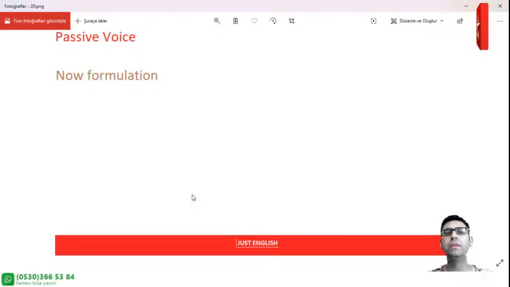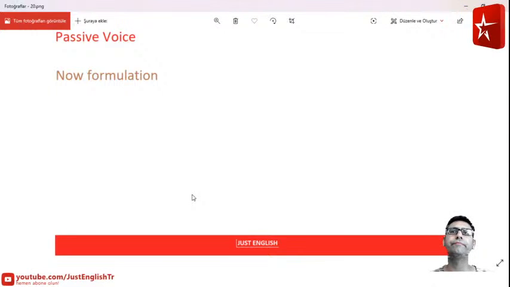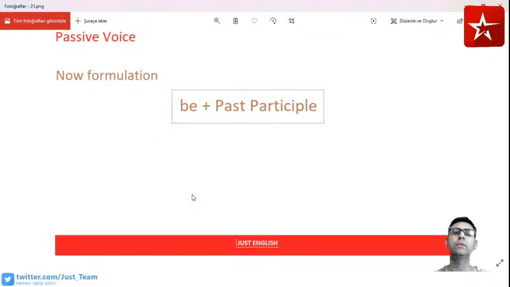So let's see the formulation now. Passive voice. How we do the formulation. The formulation part is pretty much easy actually, because we are to use verb 3 only, and then the correct version of to be.